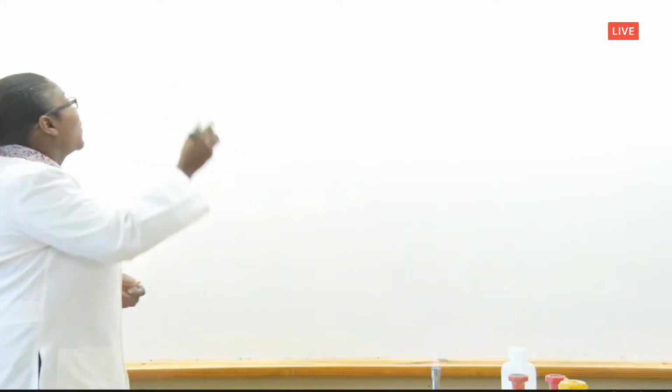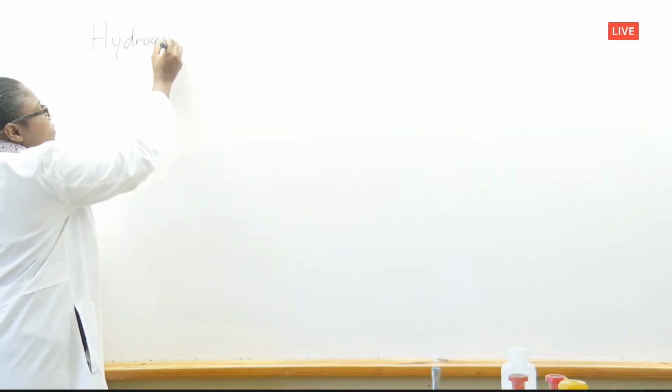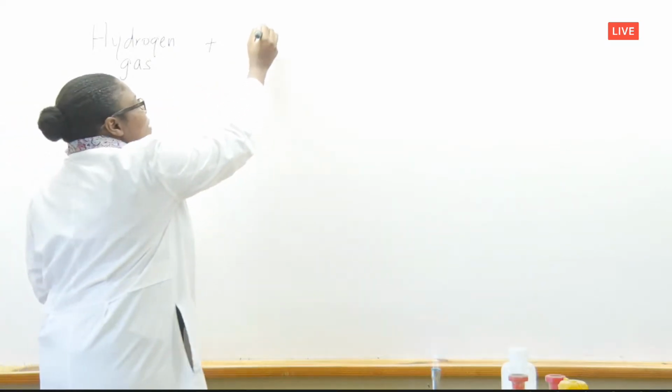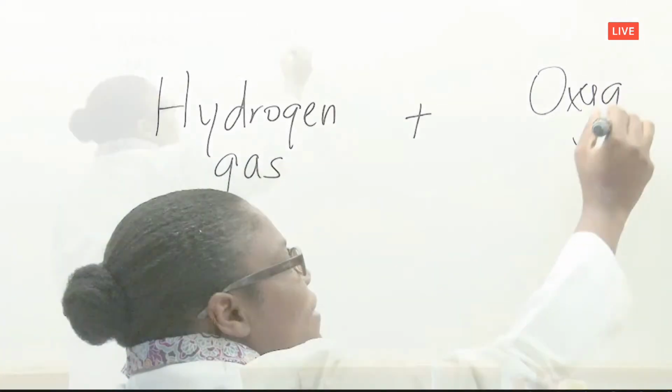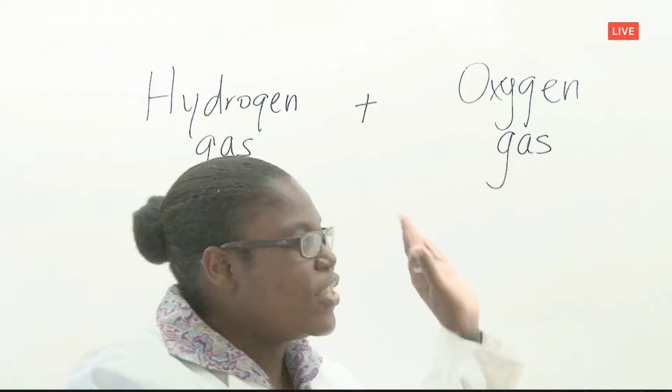Let's write the chemical equation for this reaction. So, what did we have? We had hydrogen gas reacting with, that's my plus, reacting with oxygen gas. Are you seeing this? What should come next?